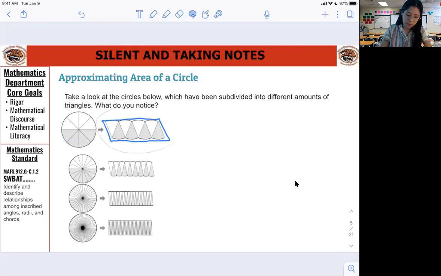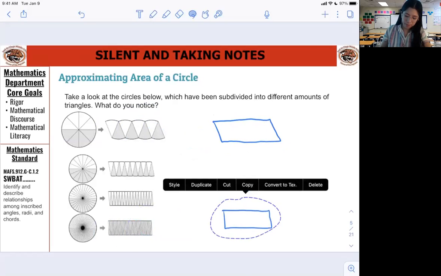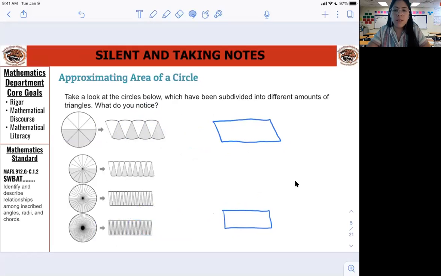Here's my first one. It makes this type of shape. Here's my last one. Look at what Perla just said. As we go down, the shape gets closer and closer to being a rectangle.